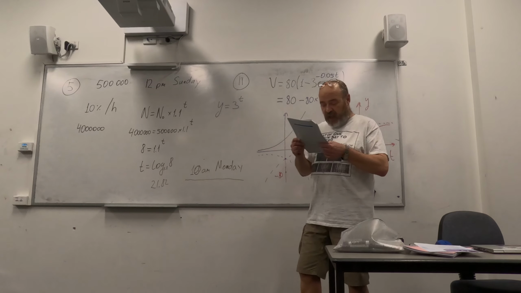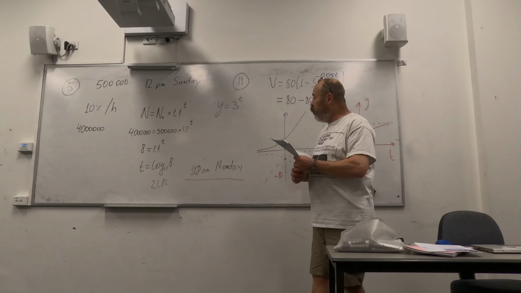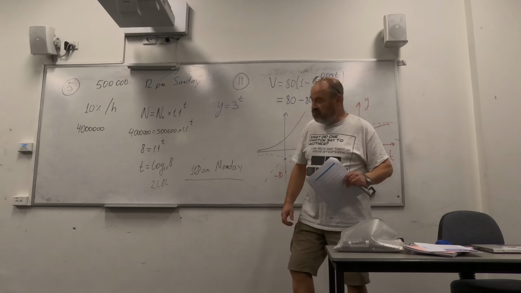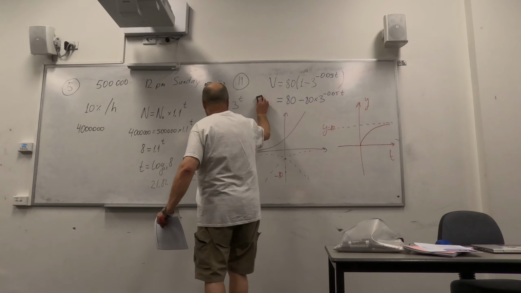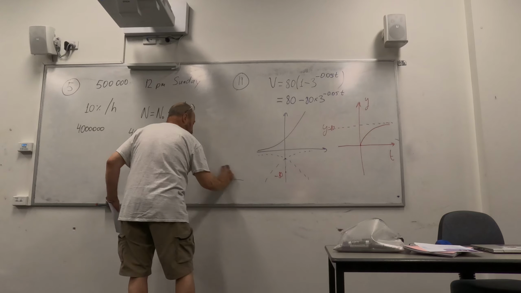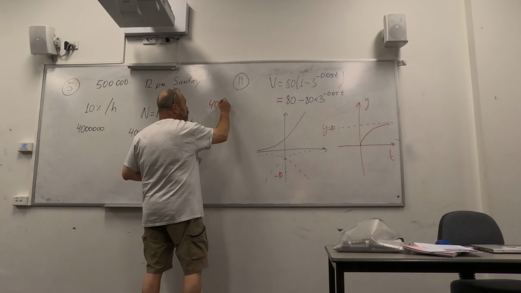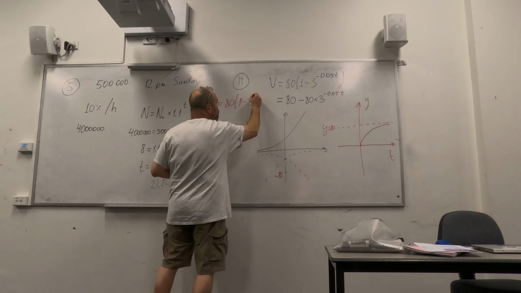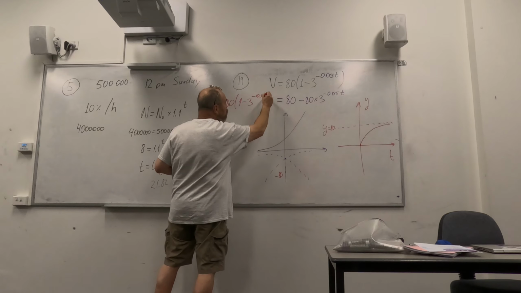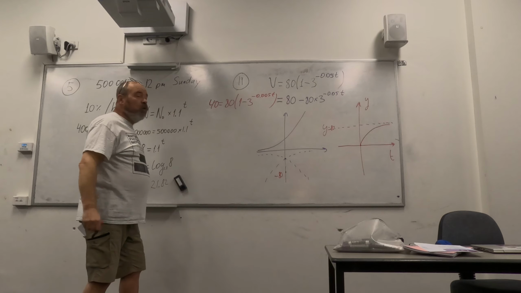And part B asks, when does the object have speed 40 meters per second? So we need to substitute 40 in the equation. 40 equals 80 times 1 minus 3 in the power negative 0.05t.